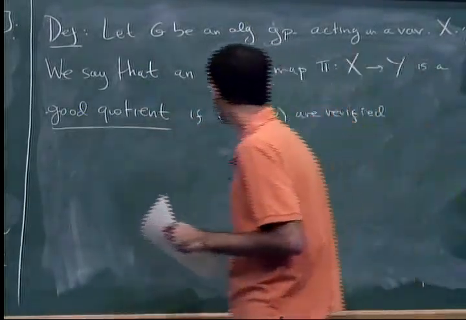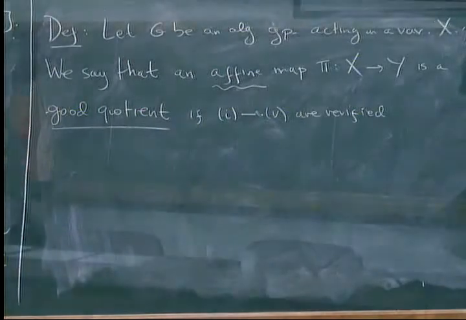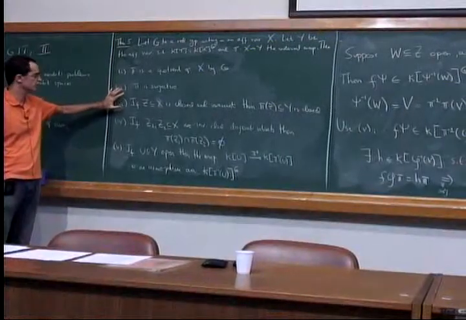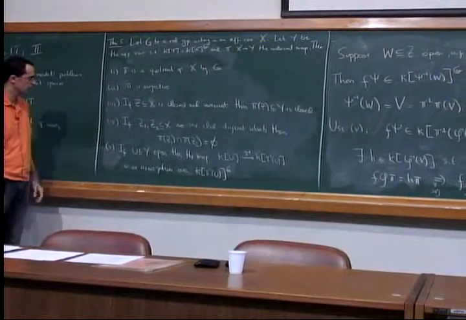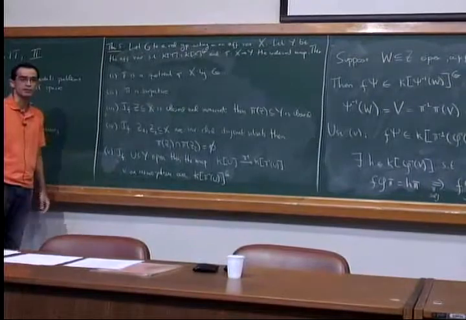So a good quotient is an affine map, which is a quotient, but has all these properties here. It sends closed invariant to closed, disjoint to disjoint, and has this local property here.